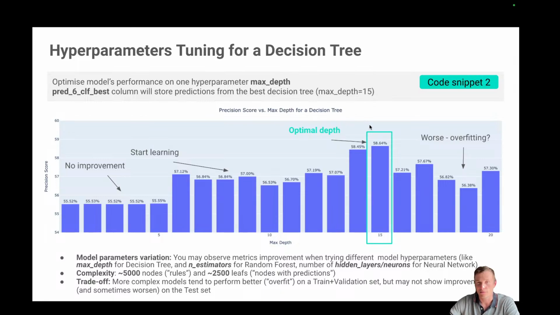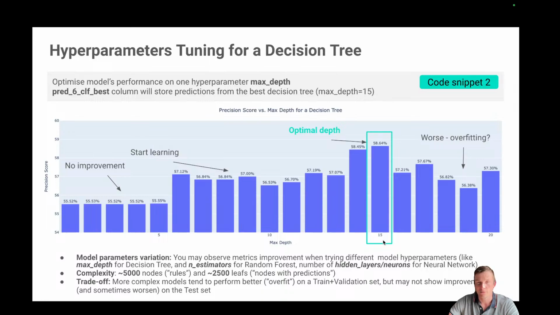So now from this exercise, we memorize that you need to train the decision tree classifier of depth 15, and you train this model. You can predict on all train, validation, and test set.